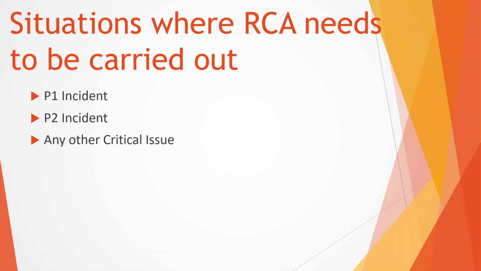So we need to ensure that any other critical incident, other than P1 and P2, which is impacting system performance, or some issue which is happening at a regular interval and impacting the overall system, needs RCA documentation to be prepared, so that it can be resolved in totality, not just at the surface level but at the deep level as well. Let's move further.